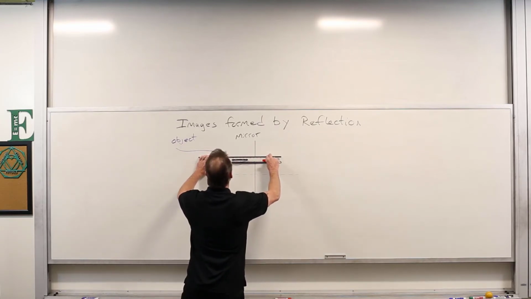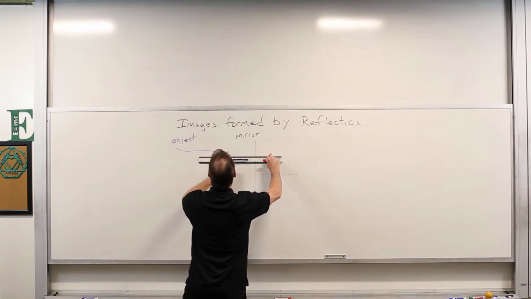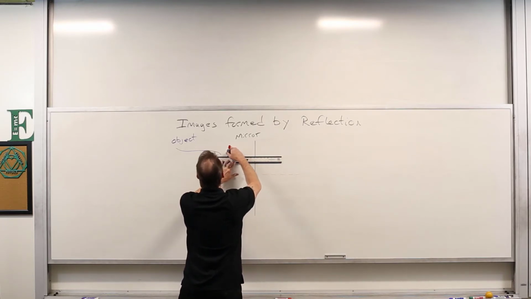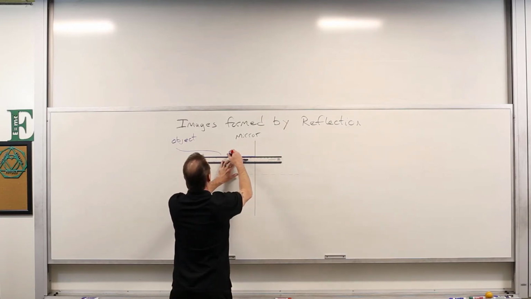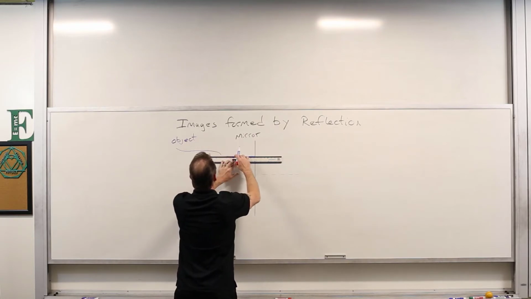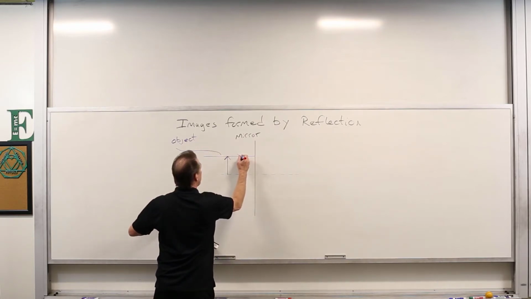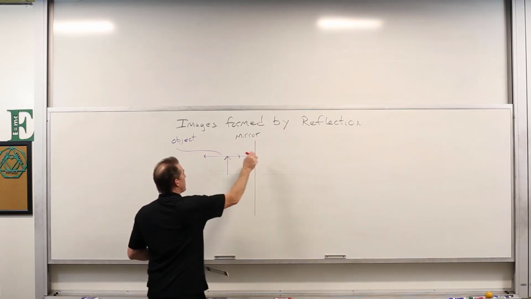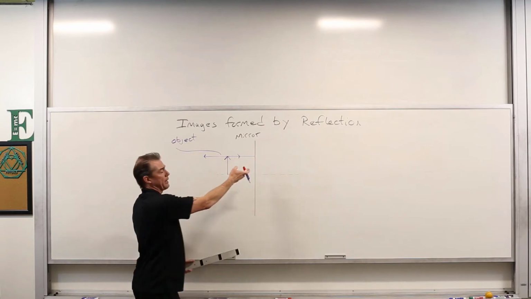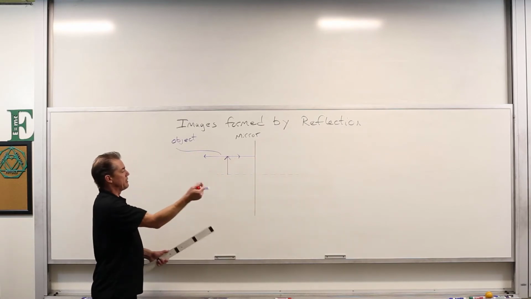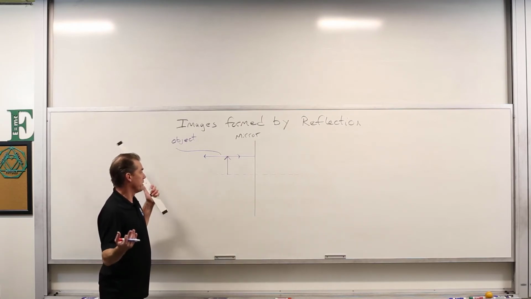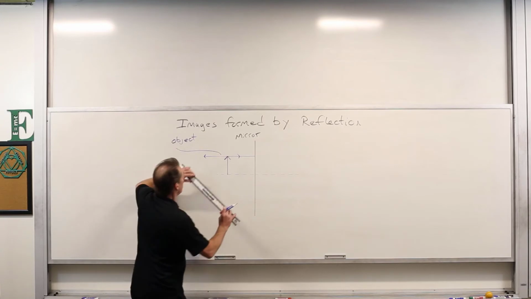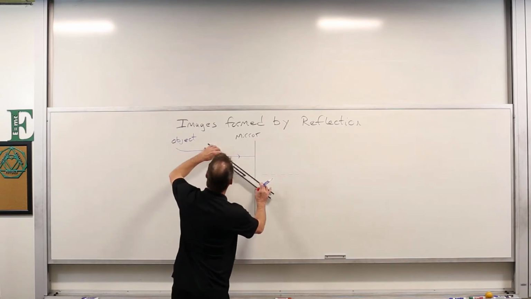So there's going to be a path that just goes parallel to this principal axis. And what's it going to do? Oh, it's going to hit the mirror. And then it's just going to reflect back on the path that it originally took. So we've got this path here, this ray, if you will. Incoming ray, reflected ray, strikes the mirror, just reflects off. Normal incidence, it just hits at 0 degrees with respect to the normal and reflects off at 0 degrees with respect to the normal.